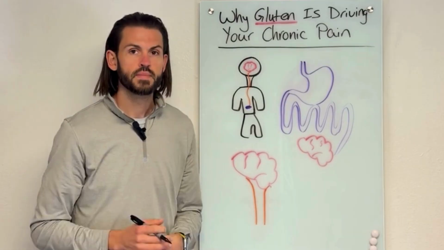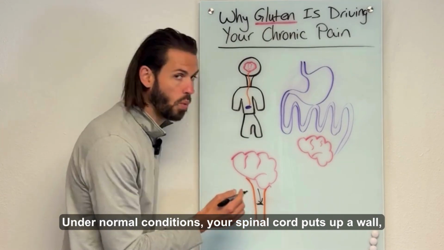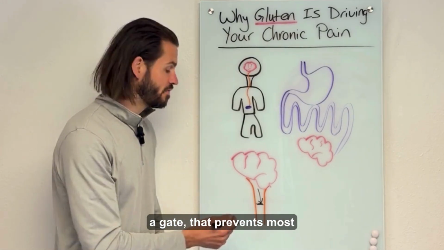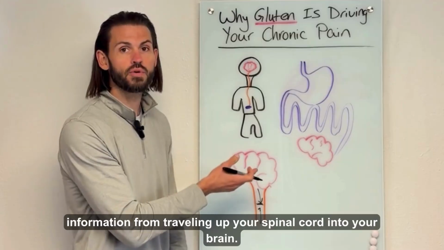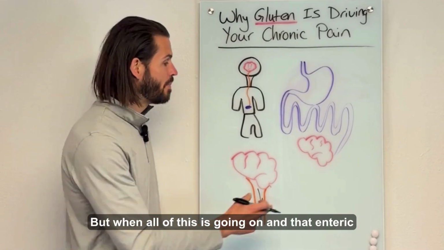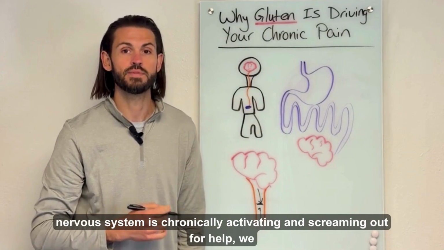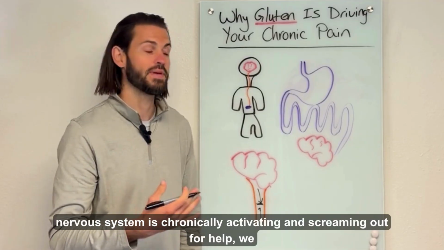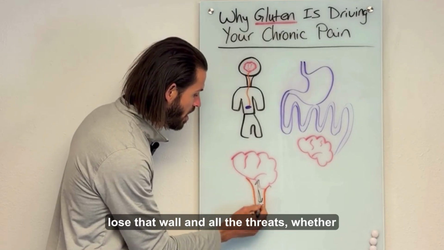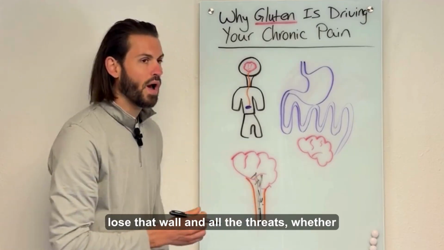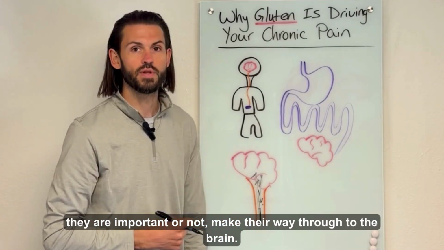We need help. Under normal conditions, your spinal cord puts up a wall, a gate, that prevents most information from traveling up your spinal cord into your brain. But when all of this is going on and that enteric nervous system is chronically activating and screaming out for help, we lose that wall, and all the threats, whether they are important or not, make their way through to the brain.